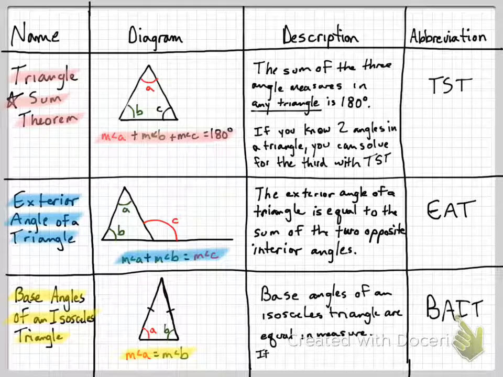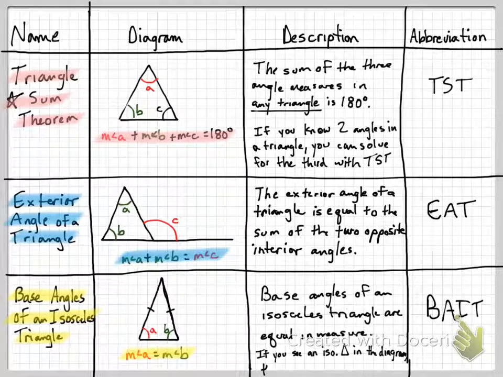So it says, if you see an isosceles triangle, I'll just put ISO triangle in the diagram, then you will use bait.